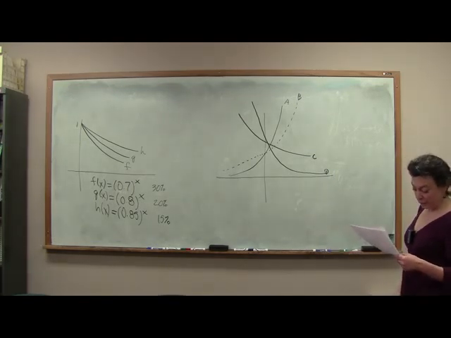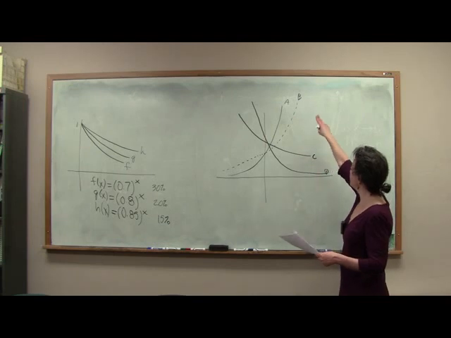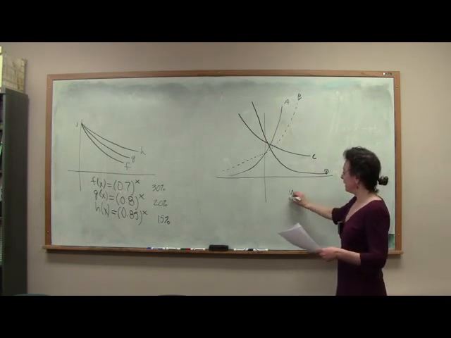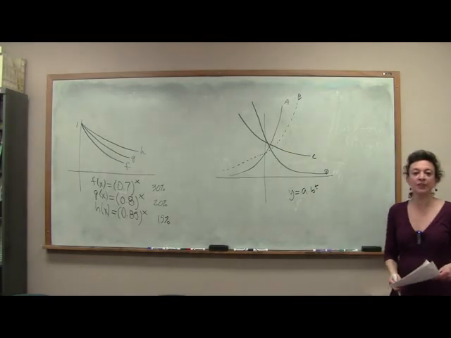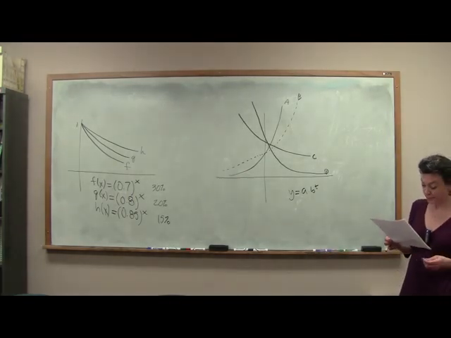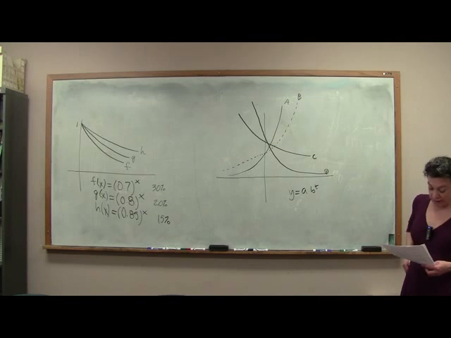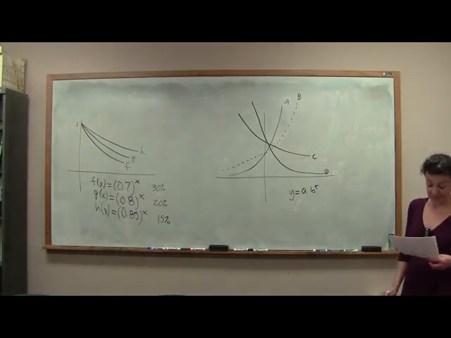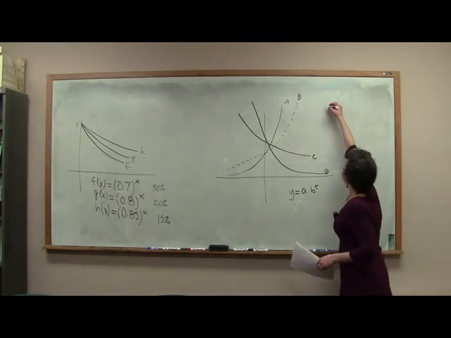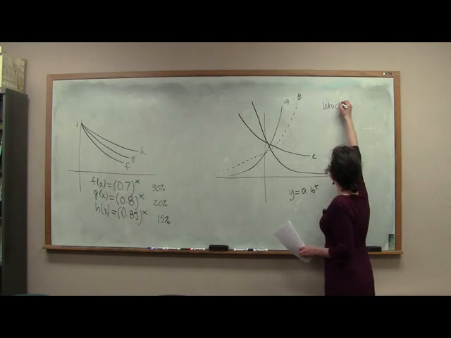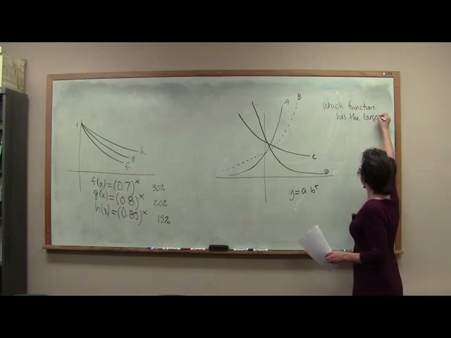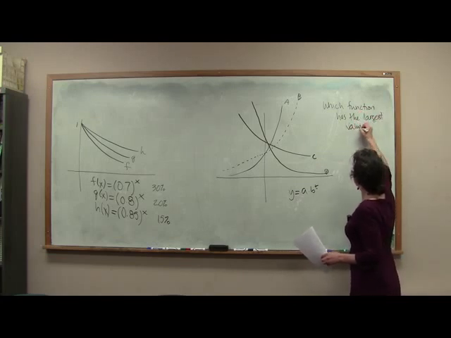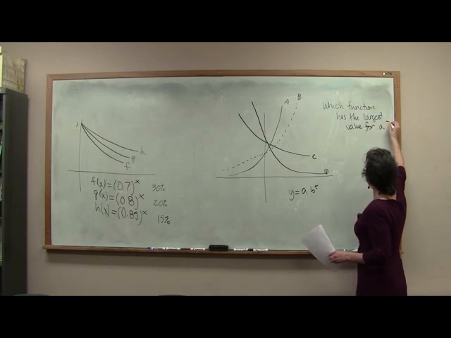Okay, now what we're going to assume is that the equations for A, B, C, and D can be written in this form. In other words, we're making the assumption that they're all exponential functions. And what I want to do is just answer 4 questions. My first question is, which function has the largest value for a?